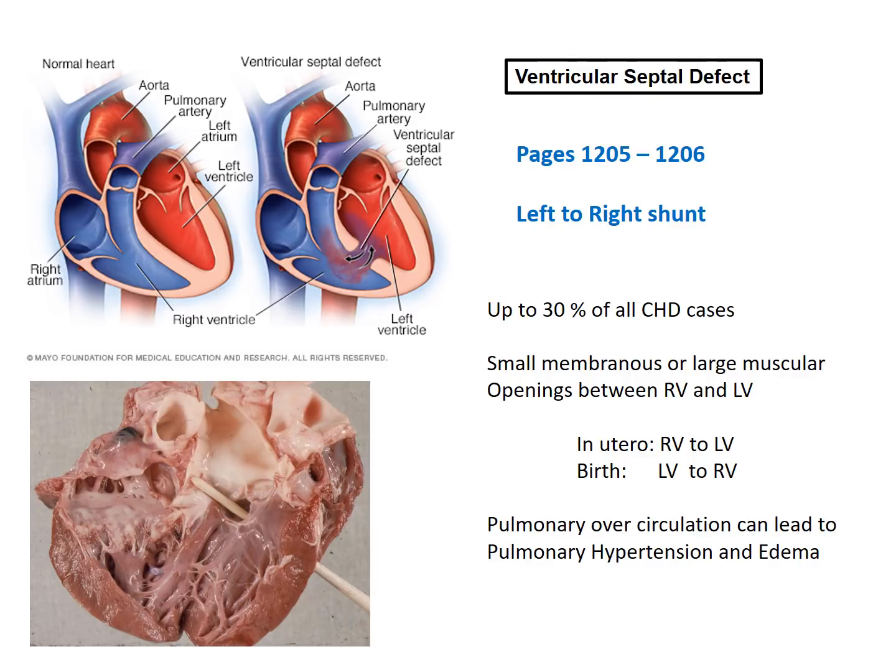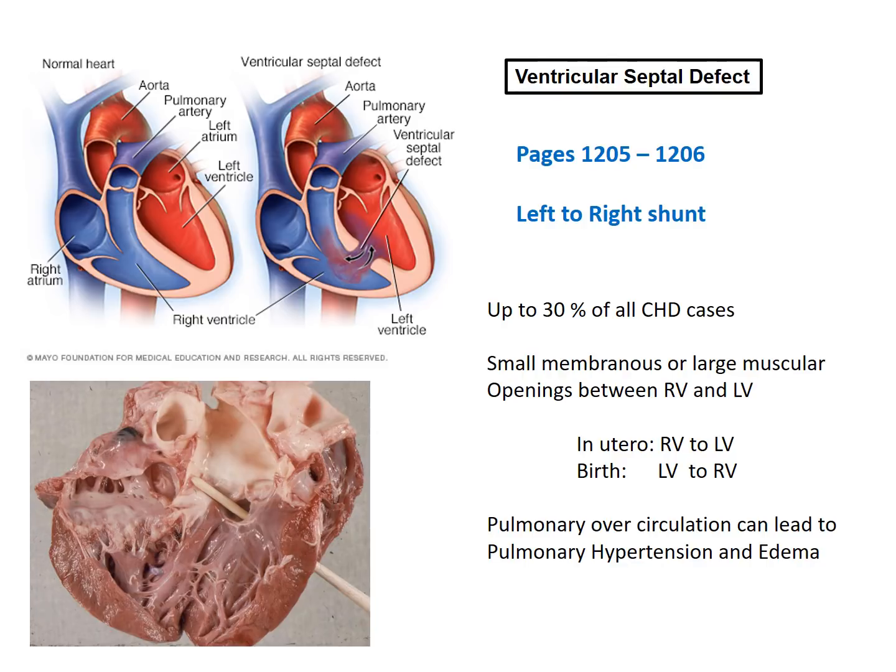But after birth, once we go to normal neonatal extrauterine circulation and the pressure on the left side is higher, now blood starts to shunt from the left to the right. And that can be problematic because now rather than getting less blood going out of the aorta into systemic circulation, you're getting more blood going back into the right ventricle, overloading the right side of the heart, and that can lead to pulmonary hypertension and pulmonary edema.